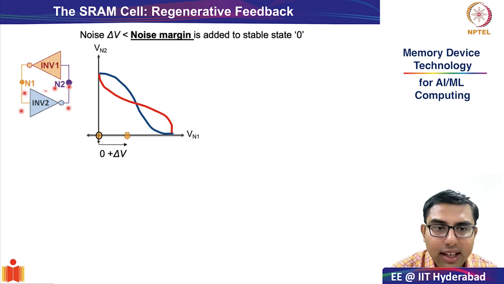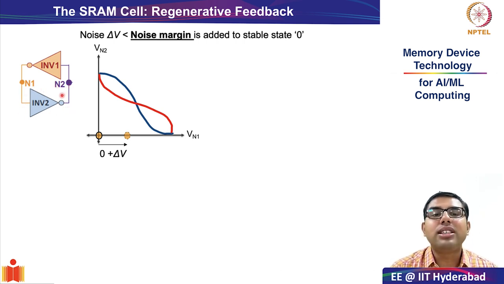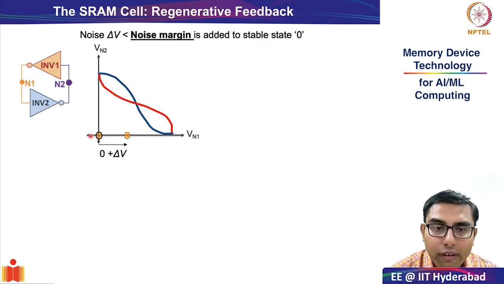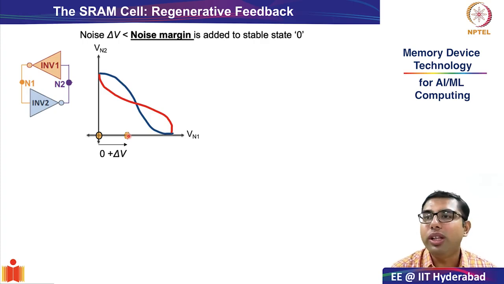Since we have to consider what is happening at inverter 2 and we have color coded the two loops, we have to look at what is happening in the blue curve. Okay. So if the input is disturbed by delta V, what happens to the output?